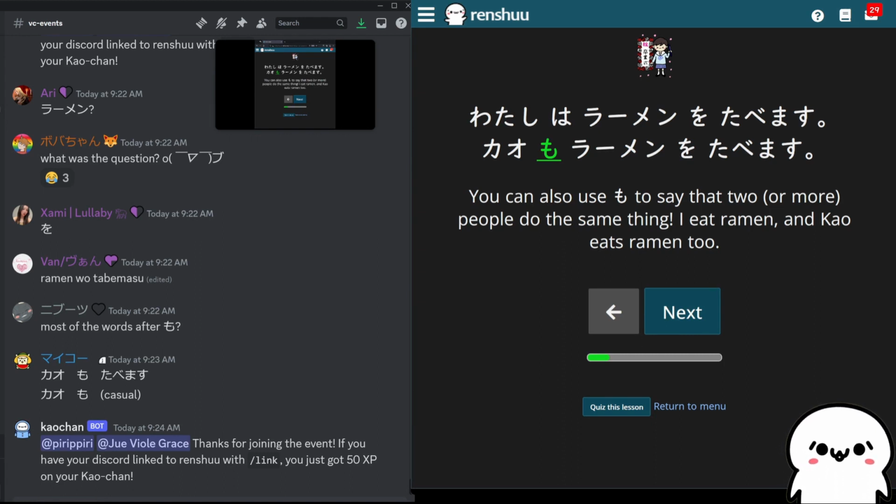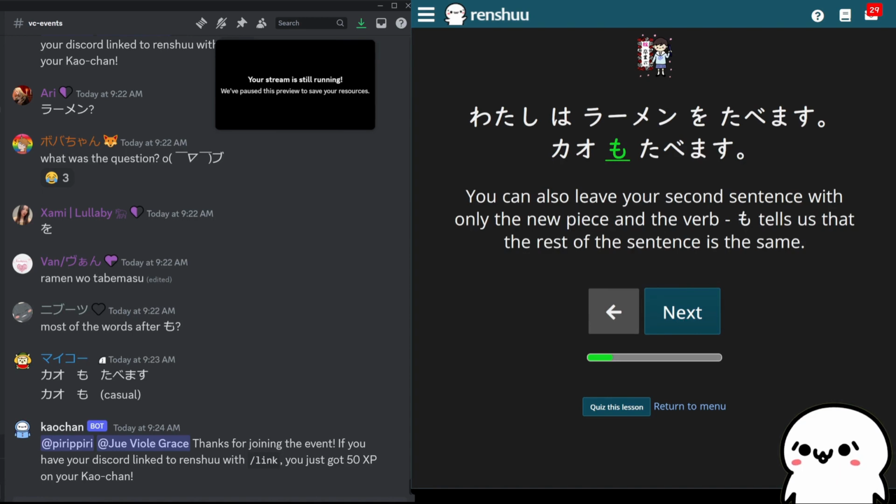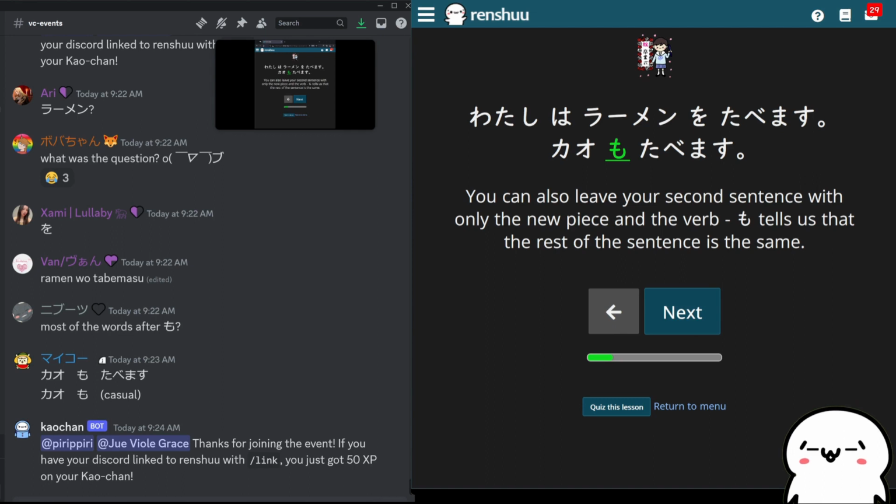Now, before we jump to the next usage of mo, let's practice this a little bit. Let's stick with the sentence that's in front of us. And if you want to be a bit adventurous and jump out to a different verb, you can.